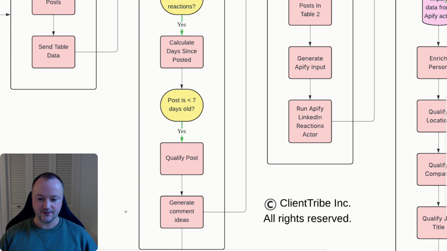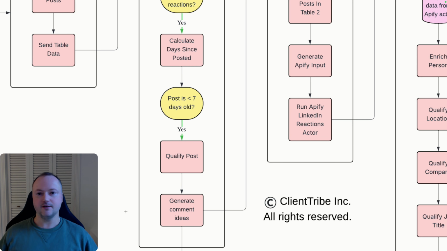So that's going to give you various ideas of comments that you can use on those posts. You're not going to copy and paste them in the vast majority of cases. What you're going to do is use them as inspiration to just tweak them, make them your own, make them human, most importantly, and remove all the blatant AI style writing that might be present. And then you have a comment that didn't take you too much thought to think up on a highly relevant, highly qualified post that has tons of engagement.